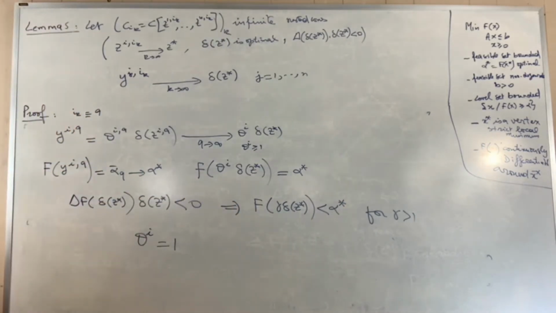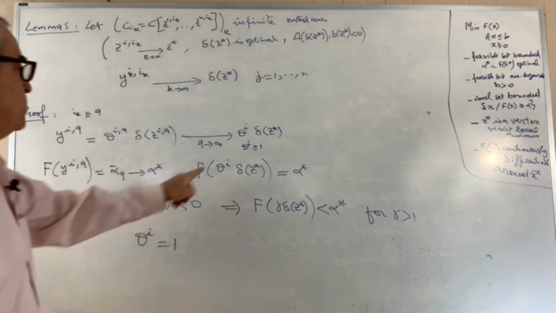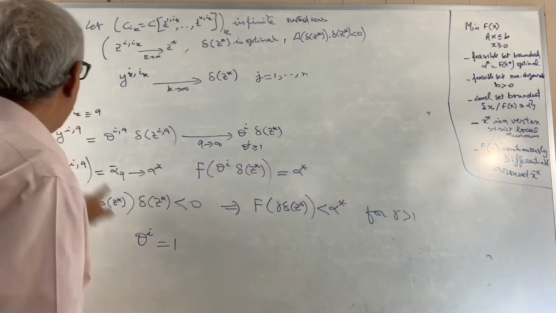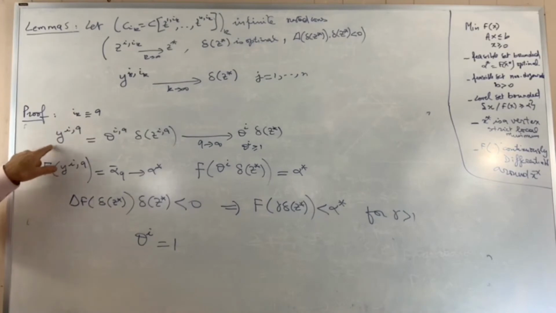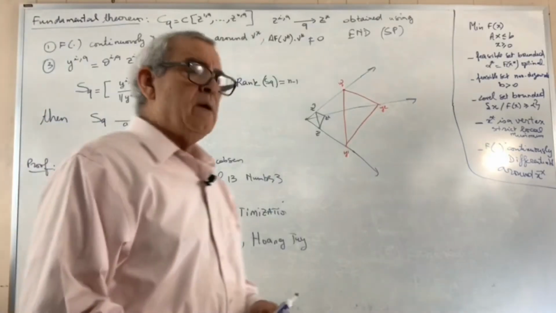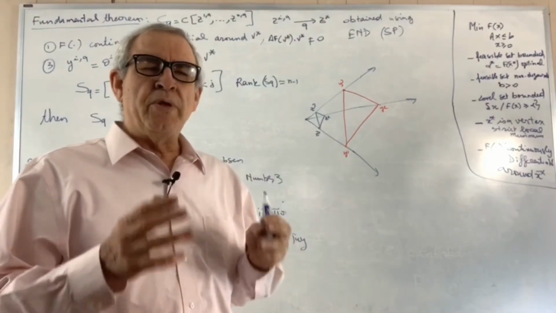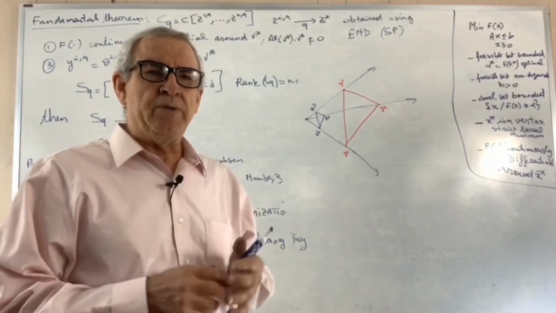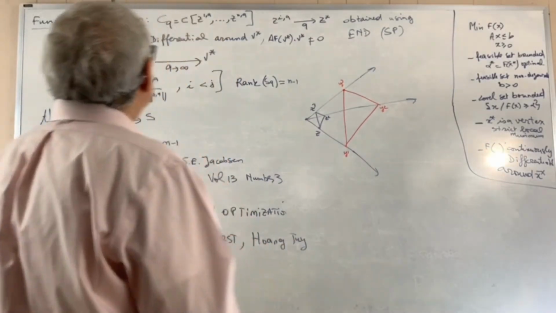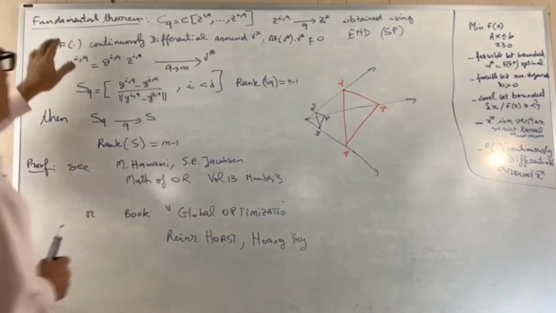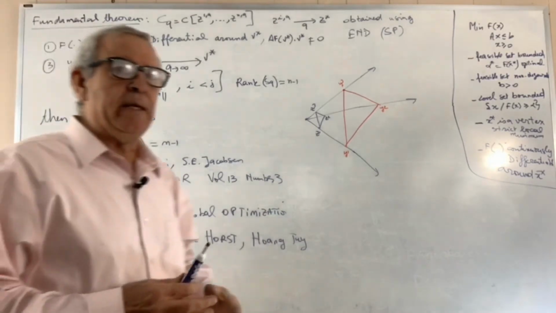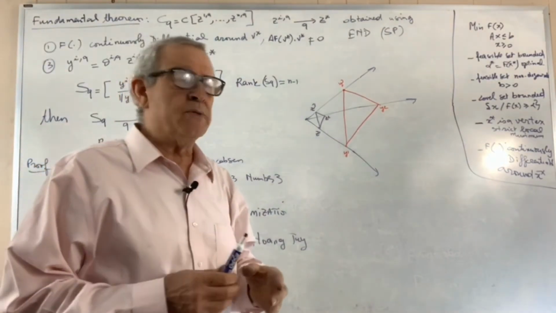Okay, and therefore, putting in theta i equal to 1, here I prove that y i q converges to delta star. So here I'm going to make the connection to the non-degeneracy property that I introduced. I call this the fundamental theorem because this is the key theorem to finite convergence.